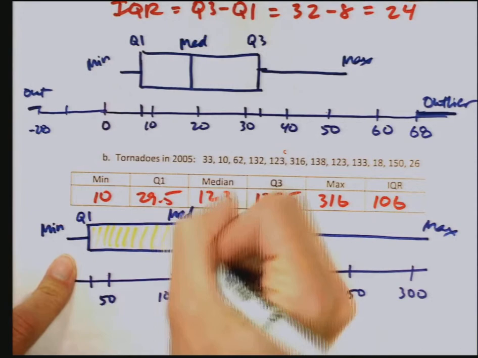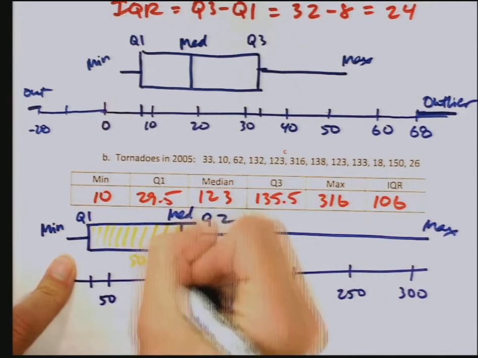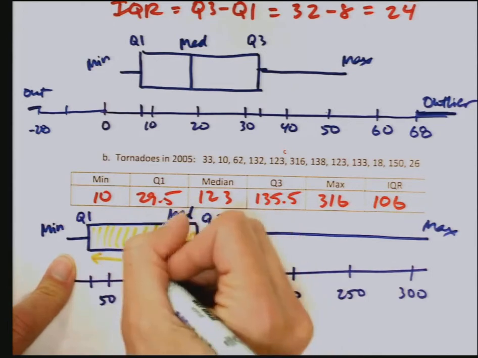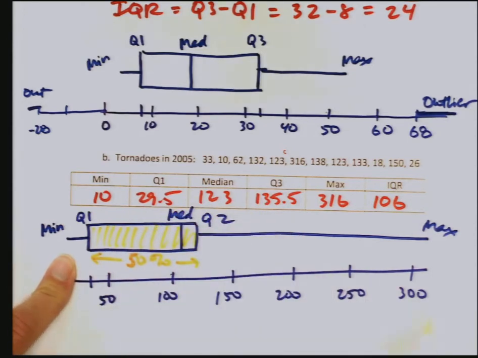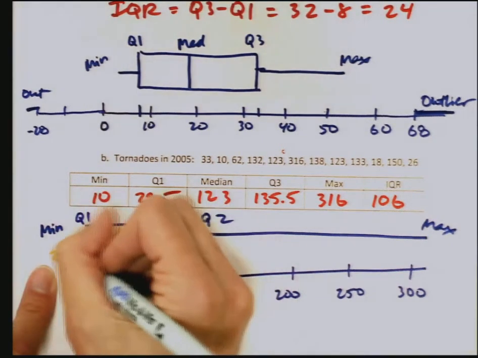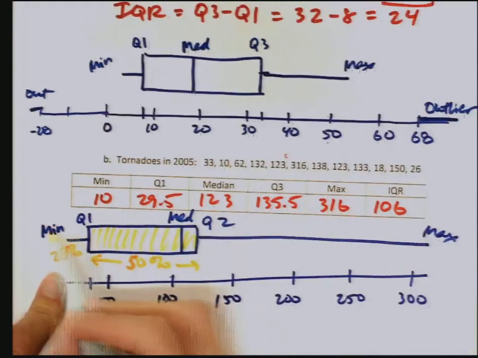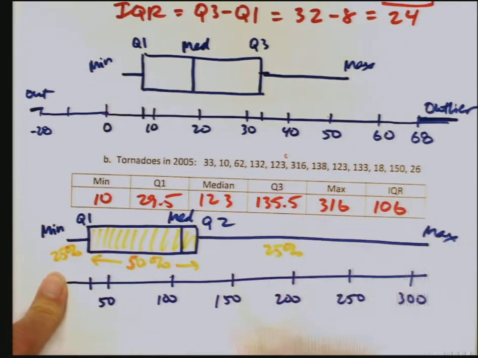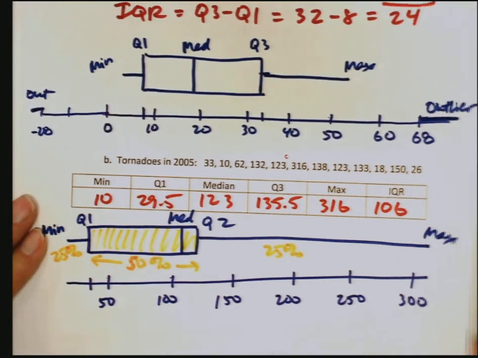The box in the middle represents the middle 50% of my data. So this is fairly typical tornado data. So the middle 50% is there, the 25% between the minimum and quartile 1, and then the upper 25% and this huge range between quartile 3 and the maximum.